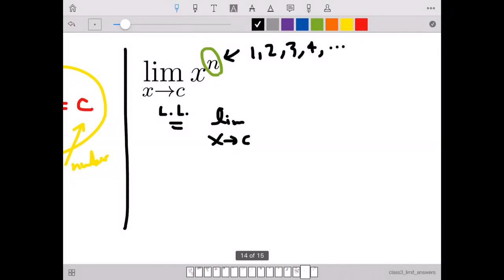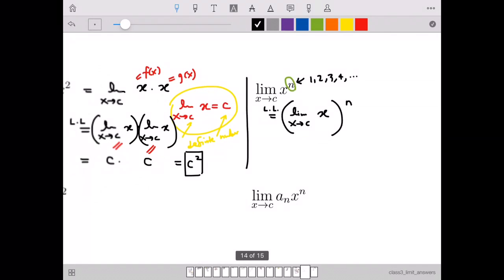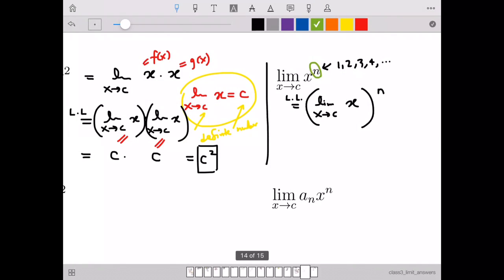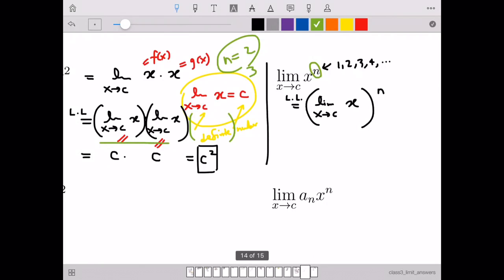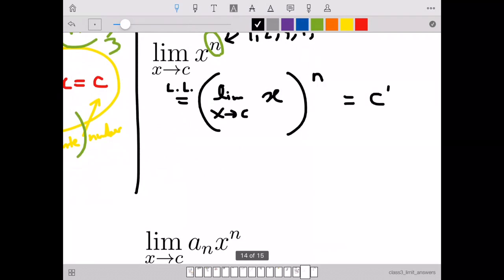So this is the same thing as having this n times. For example, if n is 2, then it is this. If n is 3, then there will be one more, etc. So it is that thing to the n, so that will be c to the n.